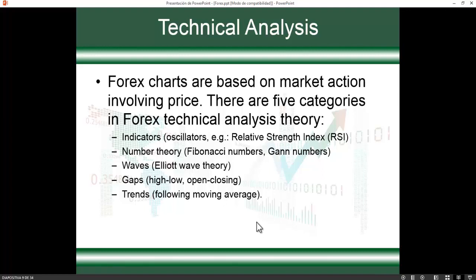Just to come back to technical analysis, let's remember what technical analysis means. It's a method of predicting price movement and future market trends by studying charts and past market actions.